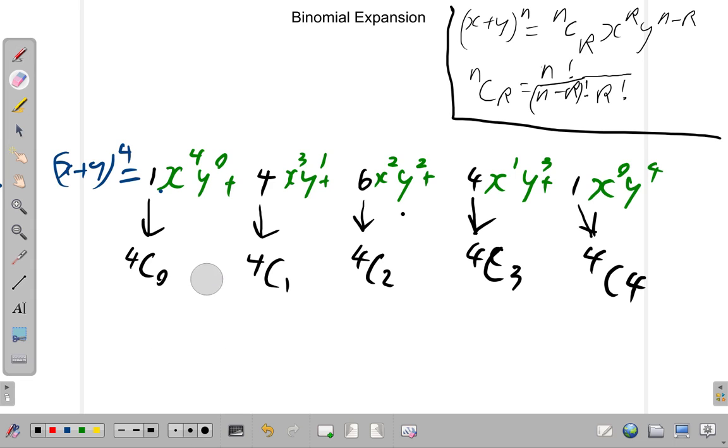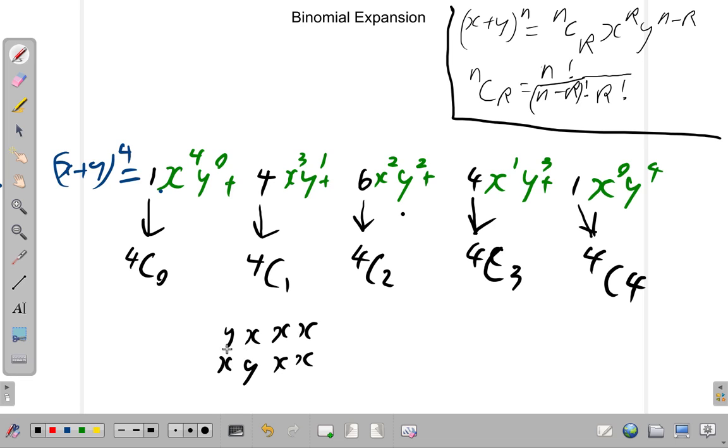Here now, this 4 comes from 4c1. What you're saying, there are 4 letters here. You're arranging them by choosing 1 y. How many ways can you arrange them? So you have 3 x's and 1 y. You can arrange them as y by x by x by x, or x by y by x by x.